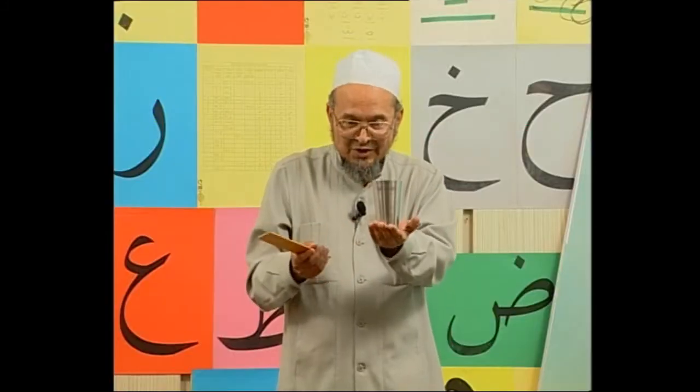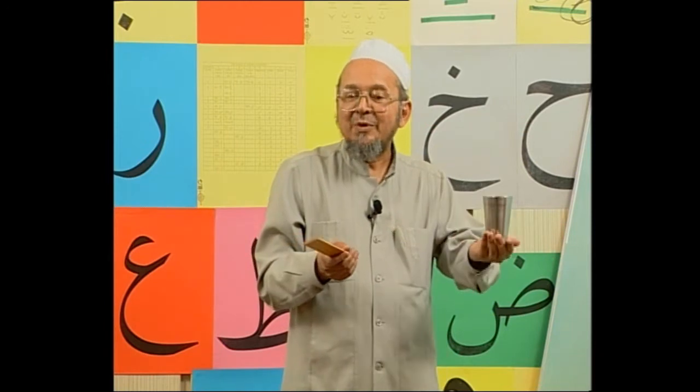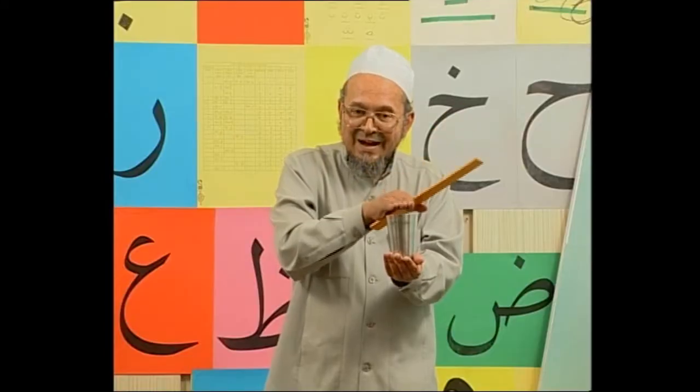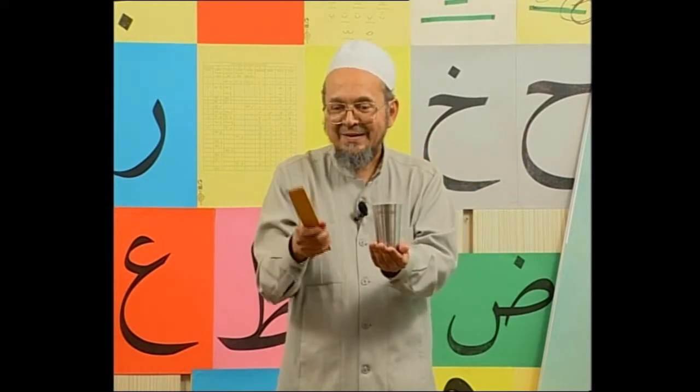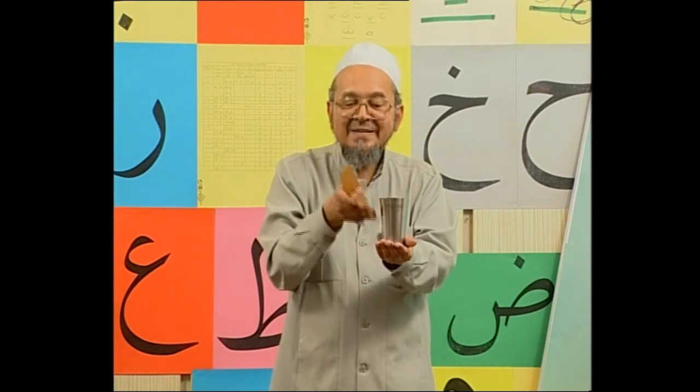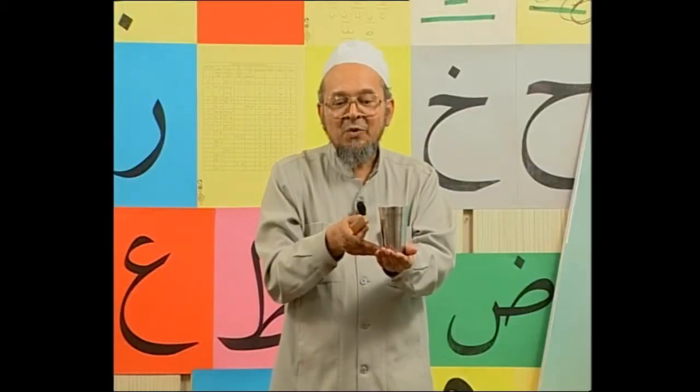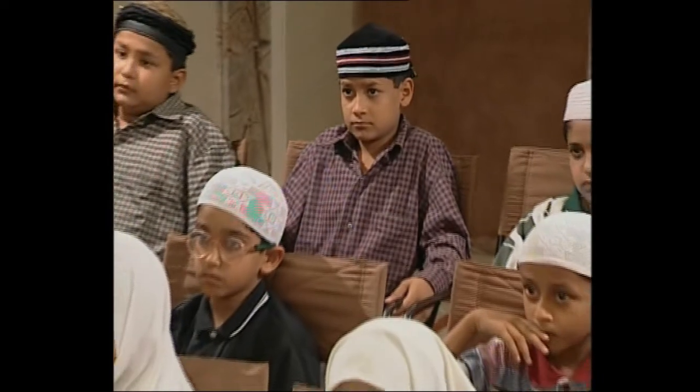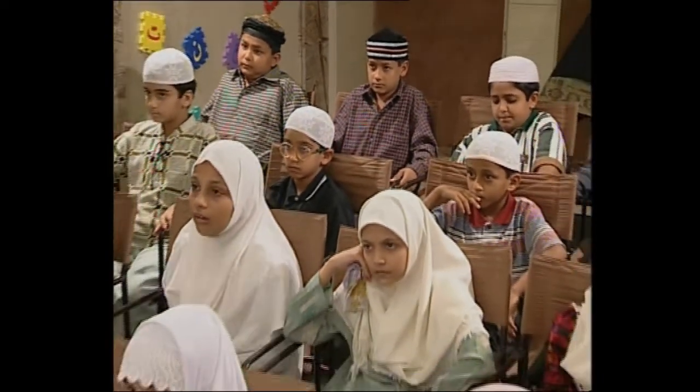Because the glass is stationary, the glass cannot move. So we get what? The sound of the glass. This sound actually combined with the inherent sound of the glass. This is the reason why we get a sound.